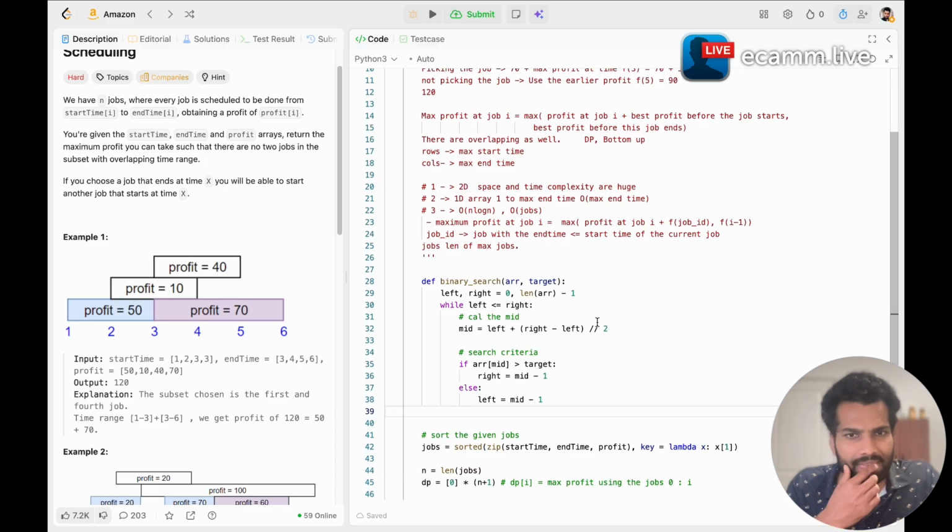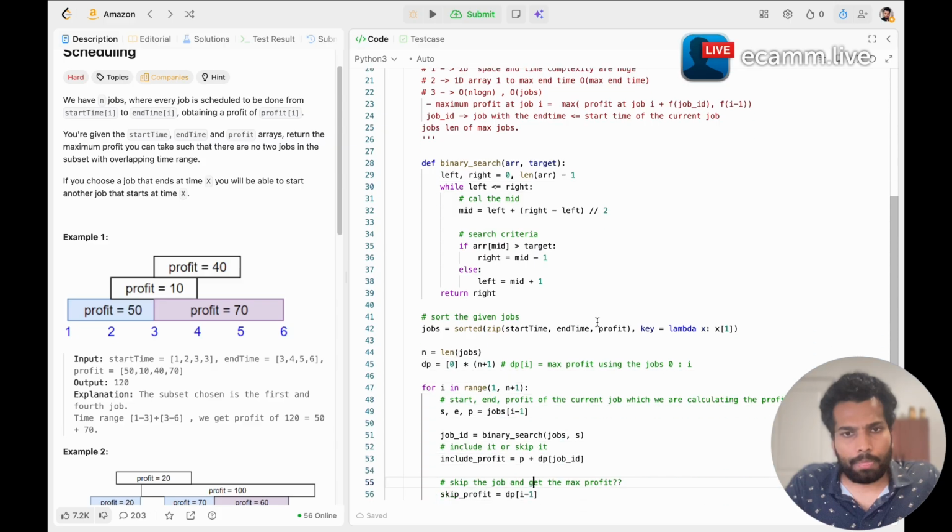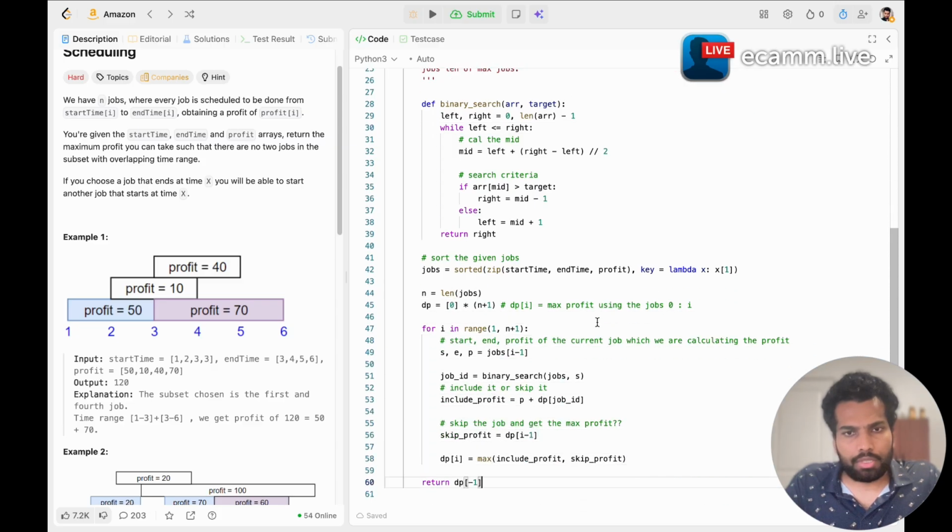Otherwise return right. I think this should be plus. Minus 1 is left by 2. Yeah, so you should return a job ID now.